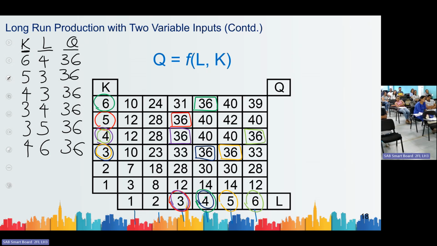The same level of output can be produced by utilizing different combinations of capital and labor.